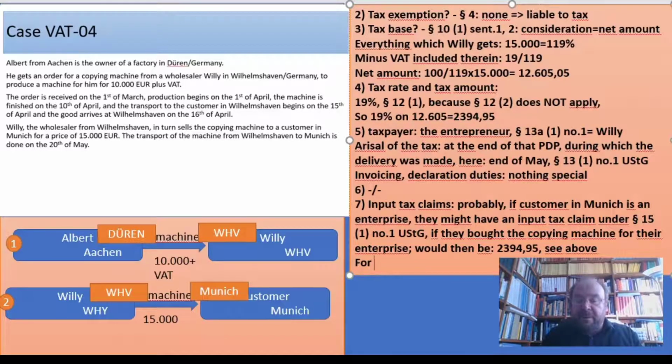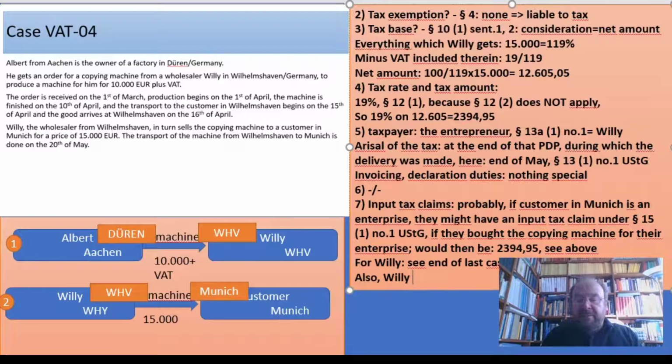And for Willie, see end of last case, first event. Willie naturally had an input tax claim from buying that machine from the producer.